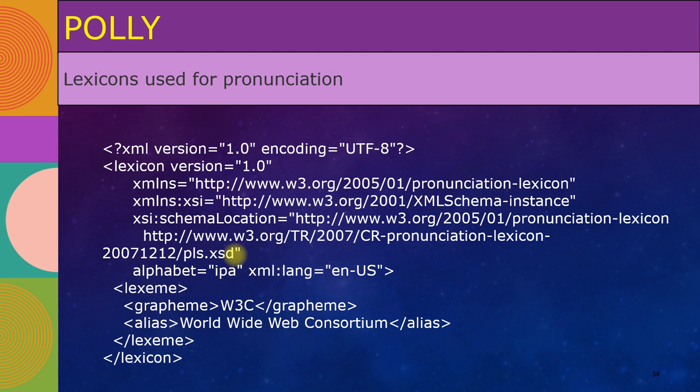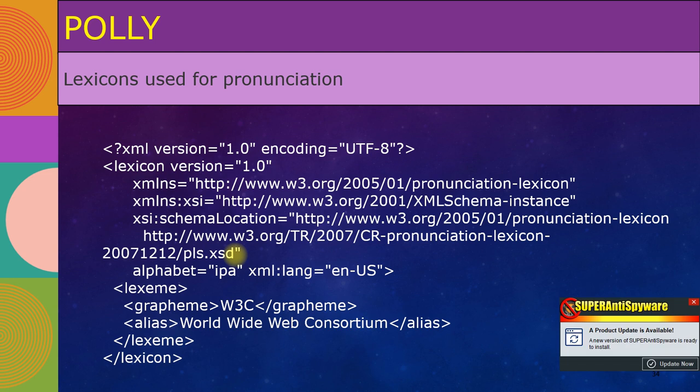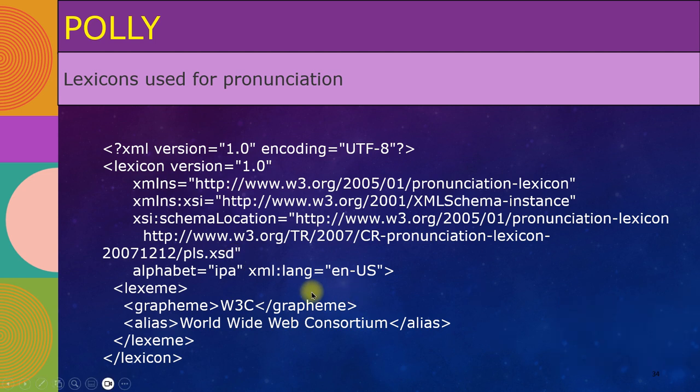And I just want to show you what a lexicon looks like. So this is a lexicon. It helps with pronunciation. And so in this particular file, I want to say, okay, I want to repeat this W3C as World Wide Web Consortium.